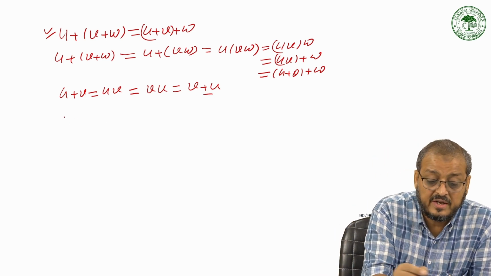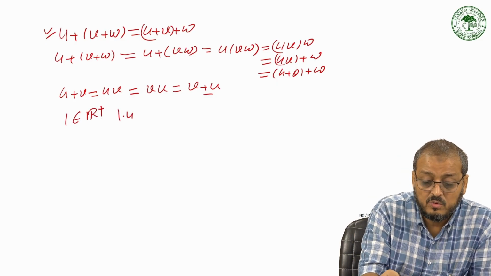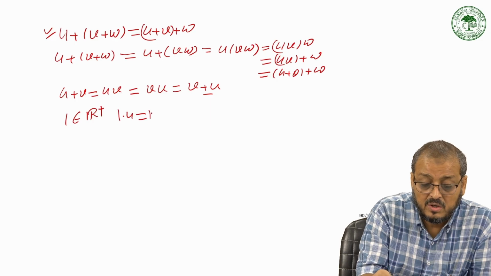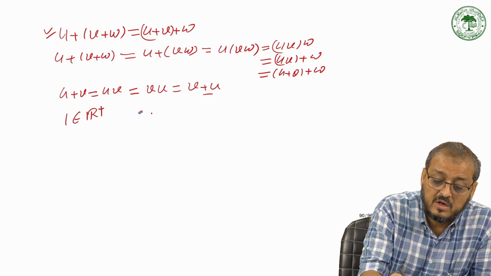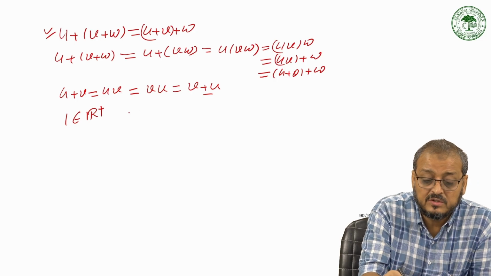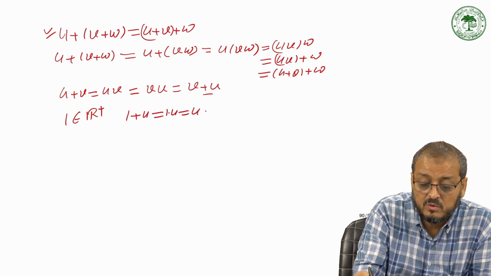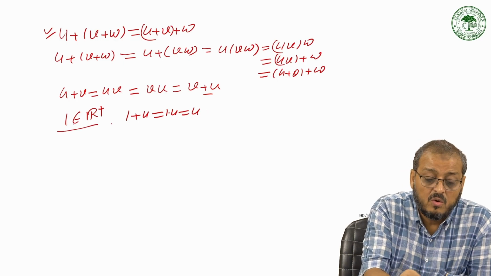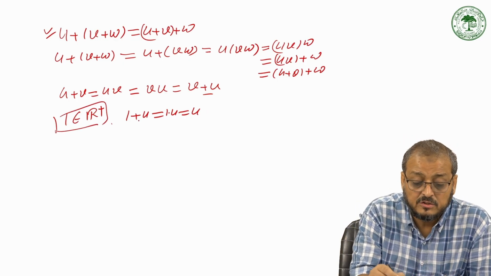Now we know that there exists an element. So 1 is an element of R positive, and 1 into u is equal to u. Sorry, we use the additive identity. So 1 is an element of this set, and 1 plus u can be written as 1 into u, which is equal to u. So this means 1 belongs to R positive and works as the identity element.